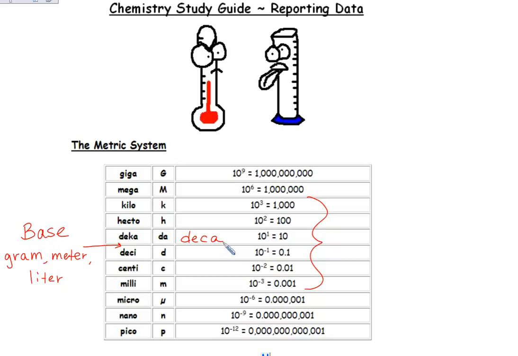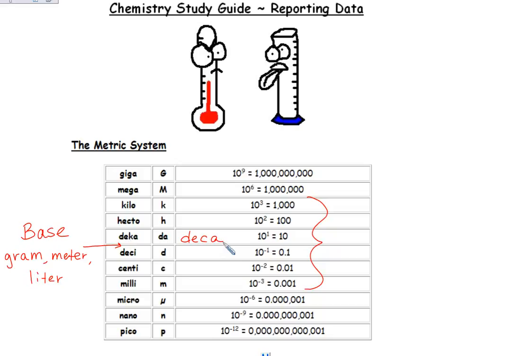Deci, centi, milli. Deci, oh, that must be the little one. That's 1/10. Deca, that's the bigger version. That's 10. So if you said you had a decagram, you mean you have 10 grams. If you say a decigram, you mean that you have 1/10 of a gram. These are super tiny.